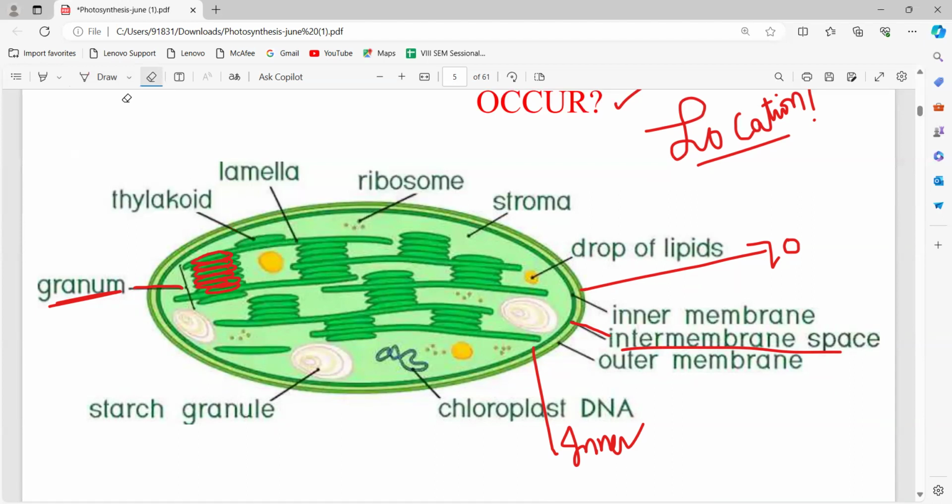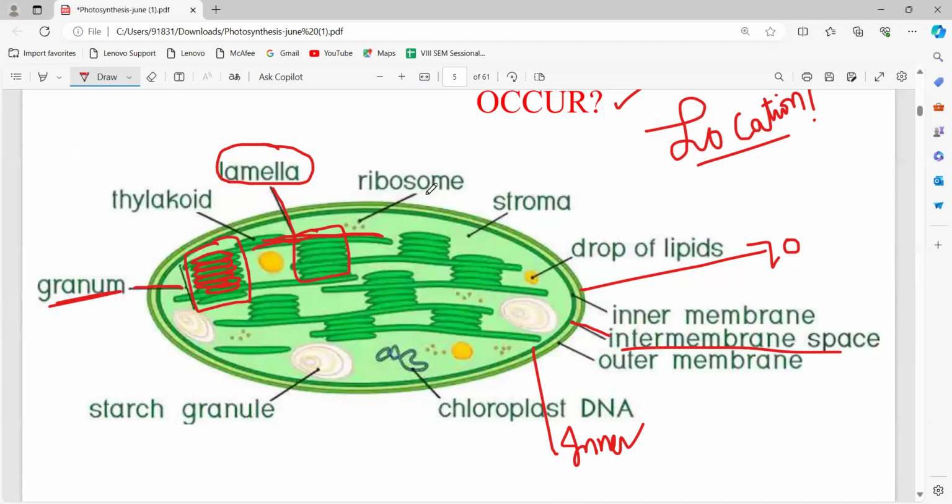And you can observe that one group of thylakoids can be connected to another group of thylakoids with the help of a thin thread-like structure. That is what exactly we call the lamella.